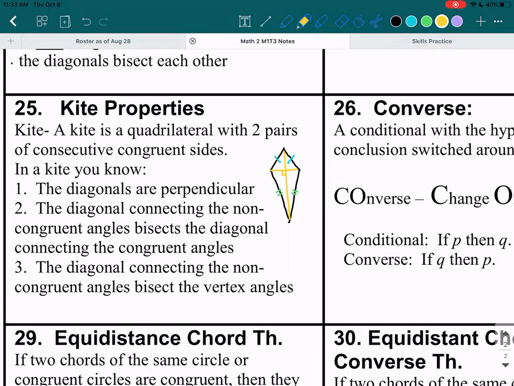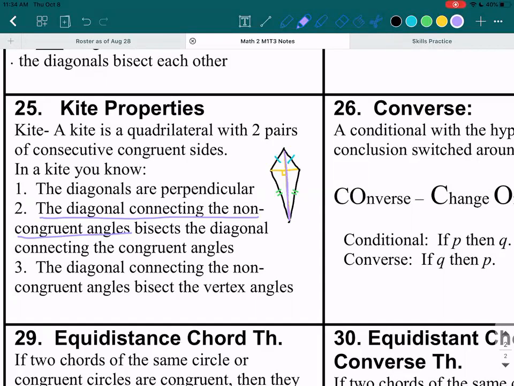Second thing about a kite is the diagonal connecting the non-congruent angles bisects the diagonal connecting the congruent angles. Okay, so let me redo this in a different color. The diagonal connecting the non-congruent angles, that would be this diagonal.